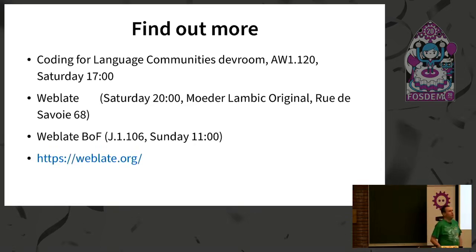Weblate has an API, so we can control most of the things. It's not yet complete so that you'd be able to do all the things which you can do in the UI, but most of the things can be done in the API. You can also use webhook notifications to let Weblate know that there are changes in your upstream repository.